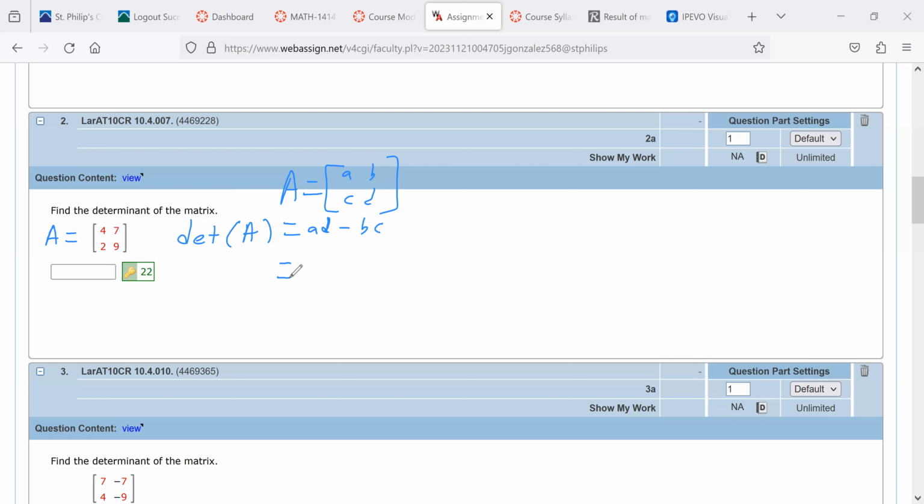So that'll be 4 times 9 minus B times C. So you get 36 minus 14, which is 22. That's all you got to do.